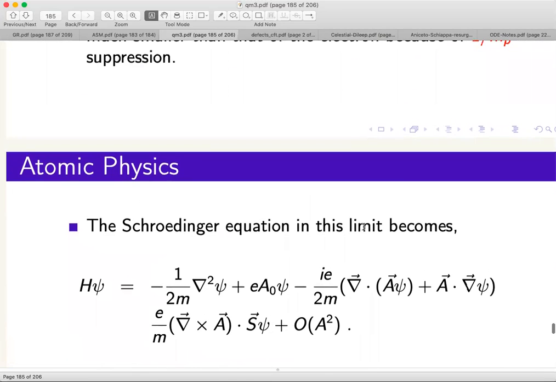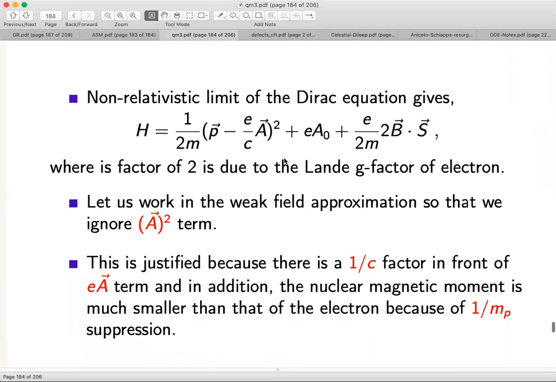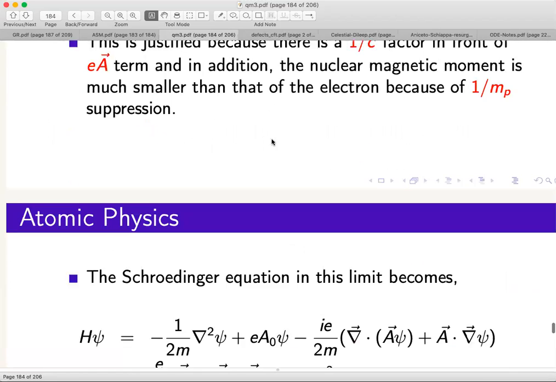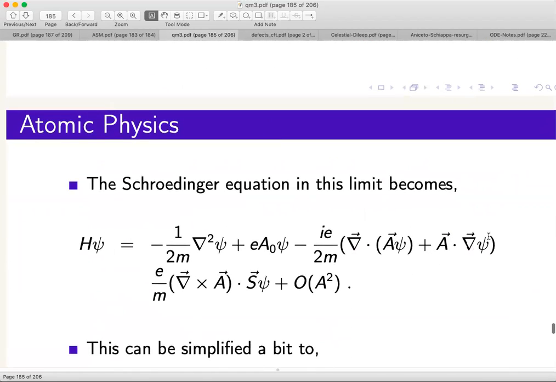This piece comes from the following: when you act this on psi, you write this as an operator p minus e/c times A multiplied by p minus e/c times A. Once p is on the right of A, and once p is on the left of A, you get an expression like this. When p is on the right, you get A dot grad, but when p is on the left, you get the divergence of A times psi. Those are the two terms, and then there is a term proportional to A squared, which we are going to ignore.